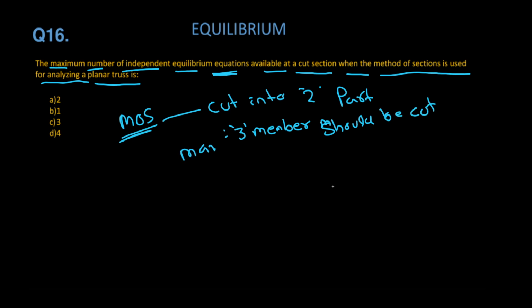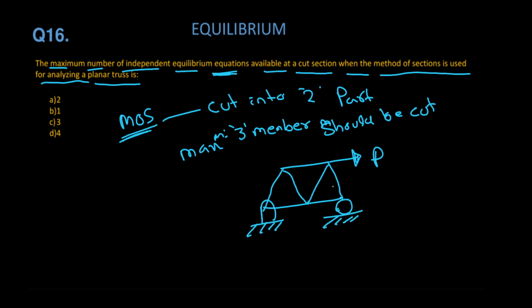Okay, this is the maximum, 3. So in that case, suppose this is a truss given like this, and here is a load P applied in this direction. Here is a hinge and here is a roller support, and it is asked for the internal force in the member like this. This is the member I need to calculate.